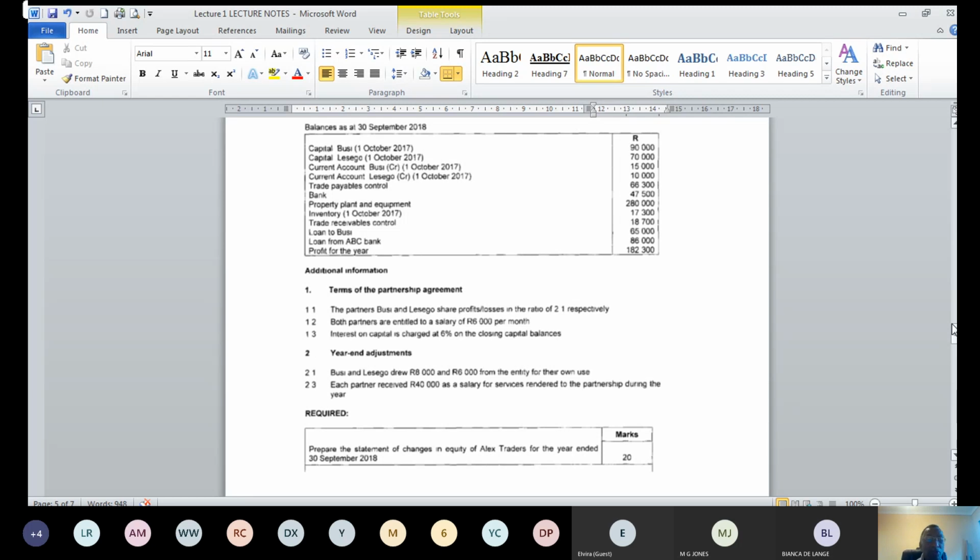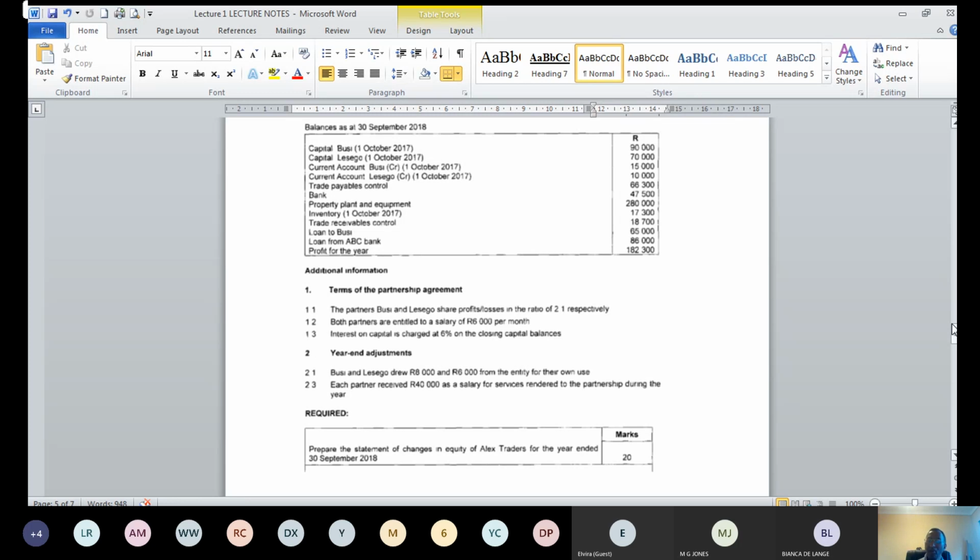And then under number 2, there's year-end adjustments. Busi and Lesejo drew 8,000 and 6,000 from the entity for their own use. So that would be drawings. And then they also tell you each partner received 40,000 Rand as a salary for services rendered to the partnership during the year.